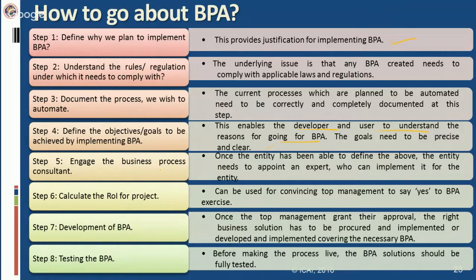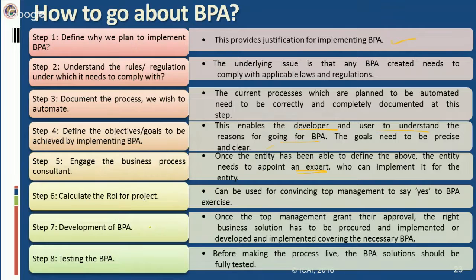Then step 5, engage the business process consultant. Once the entity has defined the above, it needs to appoint an expert who can implement it for the entity. Then comes step 6, calculation of the ROI for the project. It can be used for convincing top management to say yes to the BPA exercise.